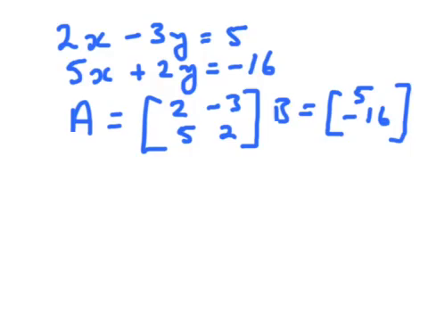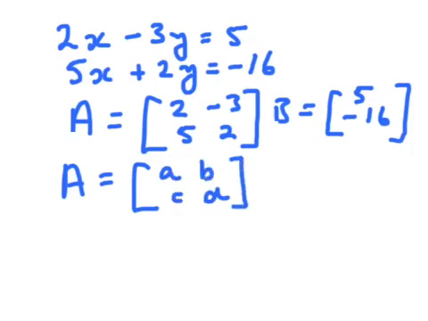Now step 2 really is to find the inverse of A. Now remember what the inverse of a matrix is. I'm going to put it in general form so that you have a permanent record, because this bit is quite important. So if I've got a matrix A that's just expressed like this, A, B, C, D, the inverse of A is quite simply 1 over the determinant, so I could say det A under here, but instead of that I'll show you how to calculate the determinant.